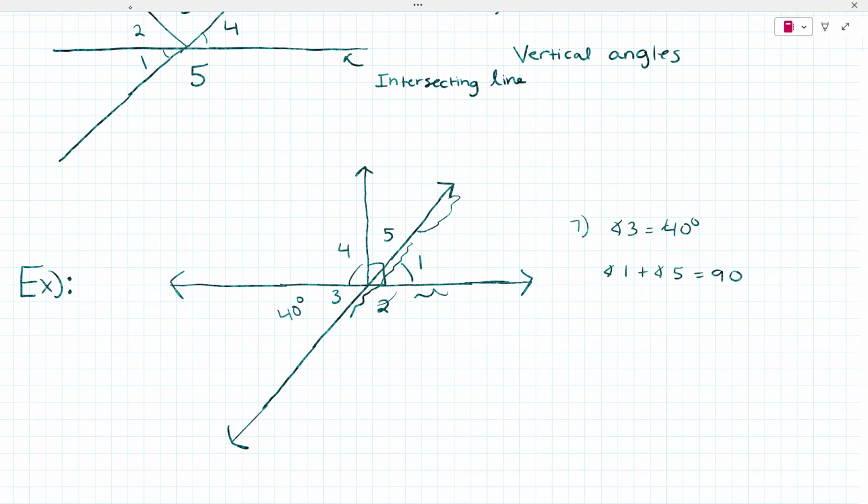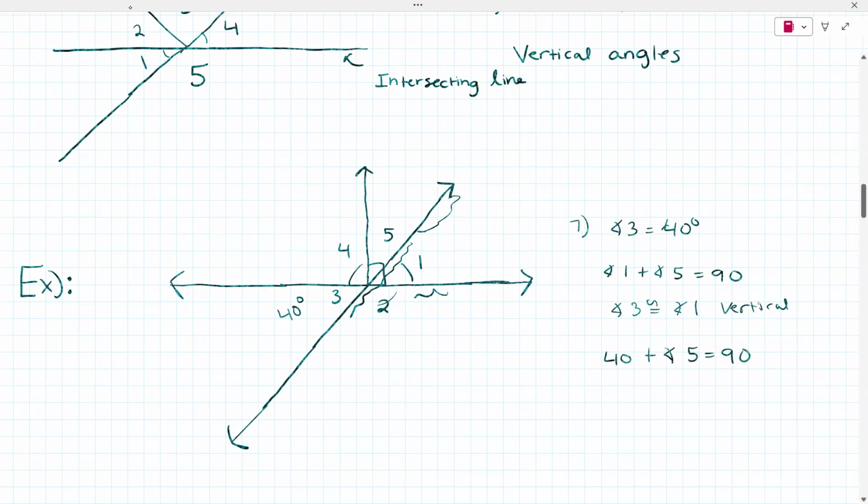Looking at angle 3 and the relationship with angle 1, what can you say? They are vertical, right? You could say that angle 3 is congruent to angle 1 because they are vertical. So we know that angle 1 is also 40 degrees.